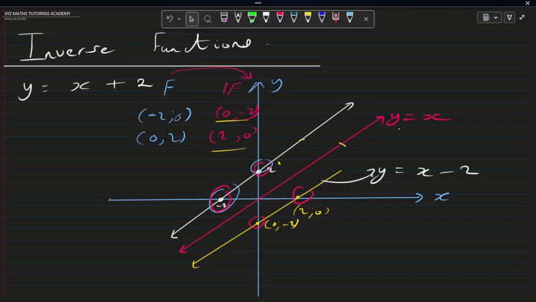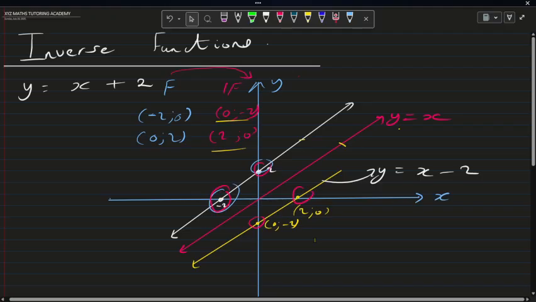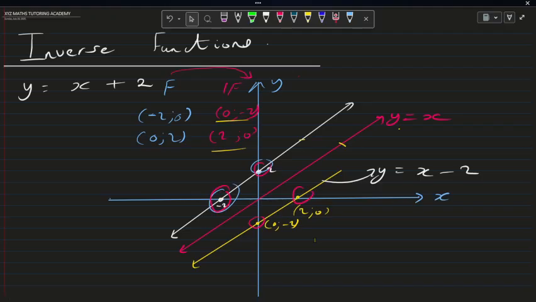And then there is another type of function which we call a many-to-one function. I nearly said one-to-many. We call that a many-to-one function. That is an example of parabolas and so on.